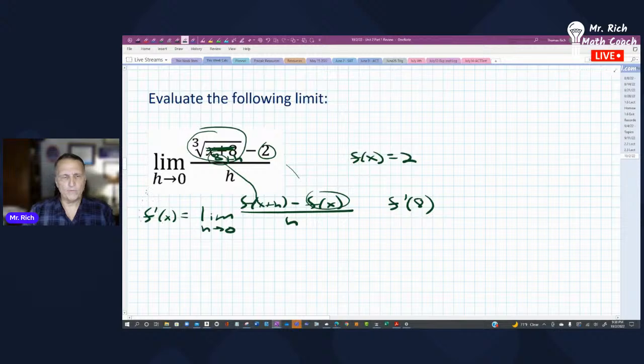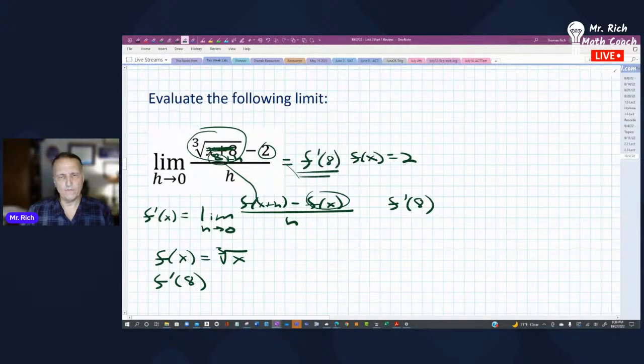So what we could really say is that this cube root of 8 plus h minus 2 looks to be the f of x was the cube root of x, and then we wanted to evaluate that at an x value of 8. So really what this whole limit is, is f prime of 8, where f of x is the cube root of x.